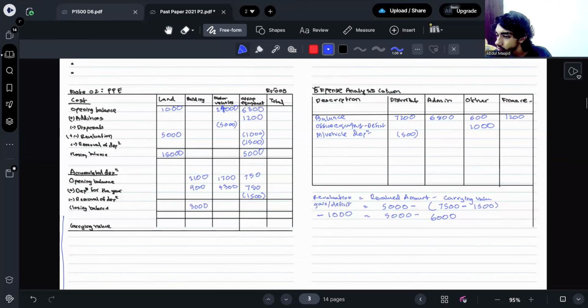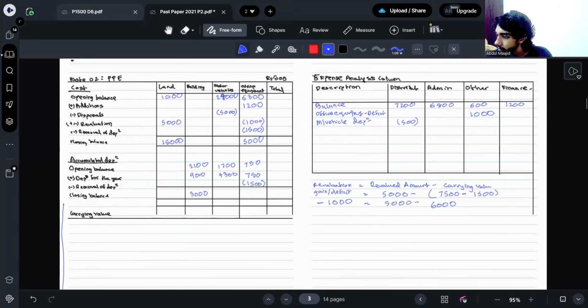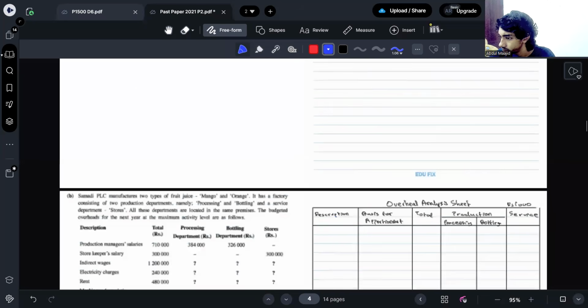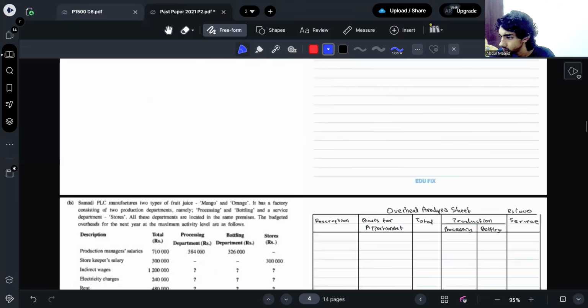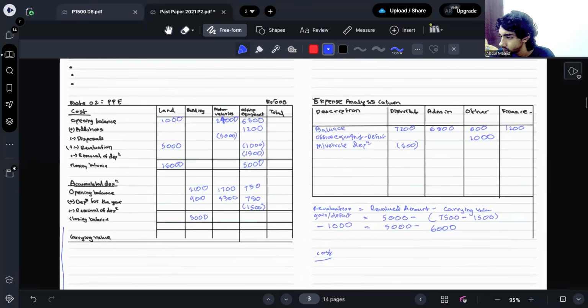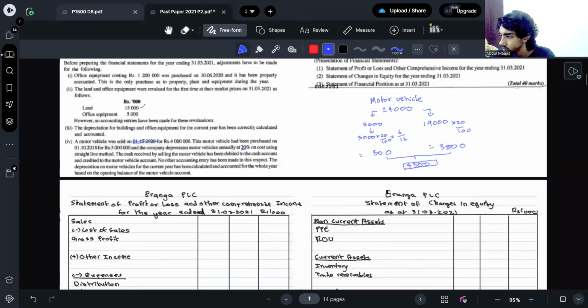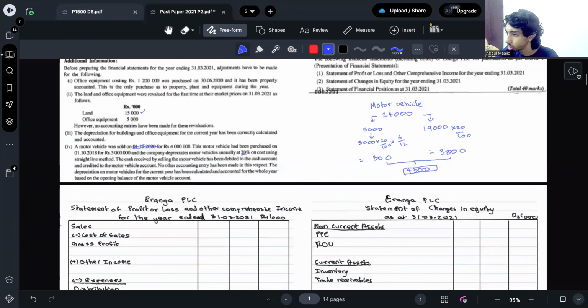Now we are supposed to remove the full amount of accumulated depreciation for that disposed asset. So the cost of the disposed asset is 5 million. When I do the work, I do it here. The cost of the disposed asset is 5 million.